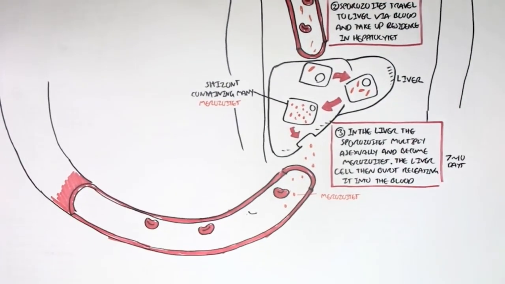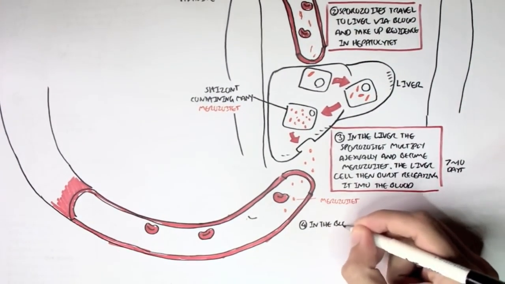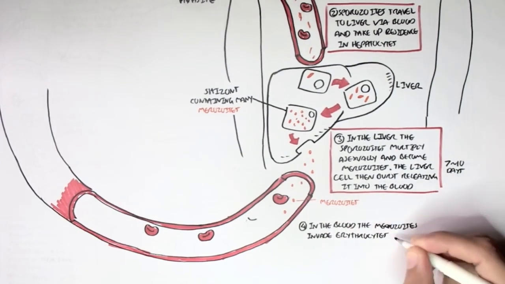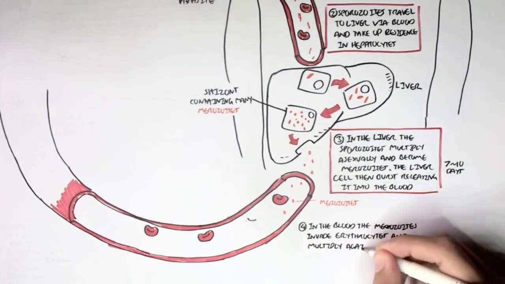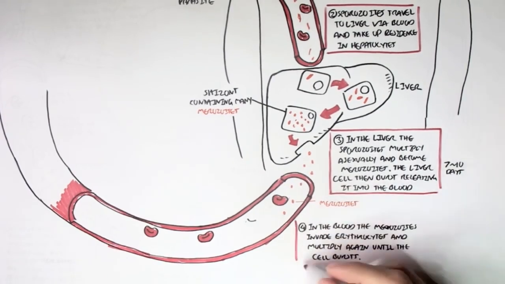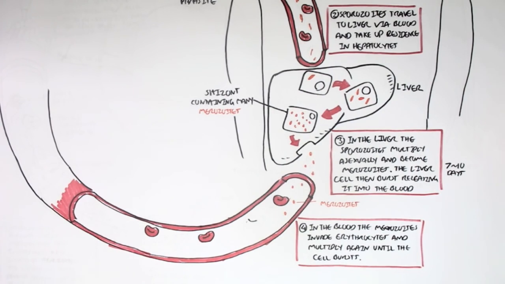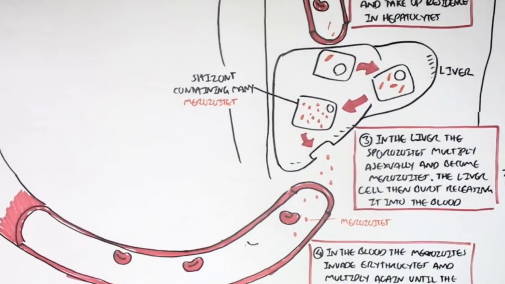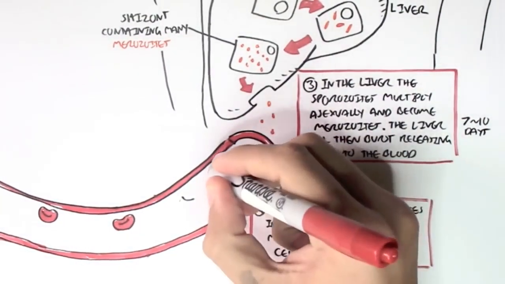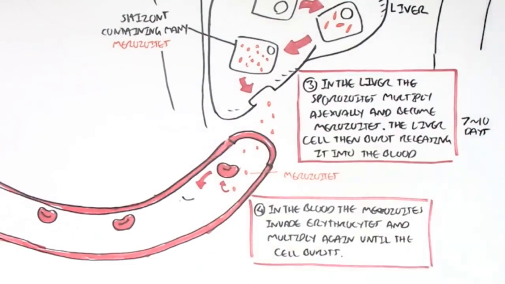So here in the blood, we have this merozoite. Now in the blood, all these merozoites will begin invading erythrocytes, the red blood cells, and multiply again within the red blood cells to form many more merozoites until the red blood cells burst, releasing them into the bloodstream. So here, the merozoite will invade this particular red blood cell.